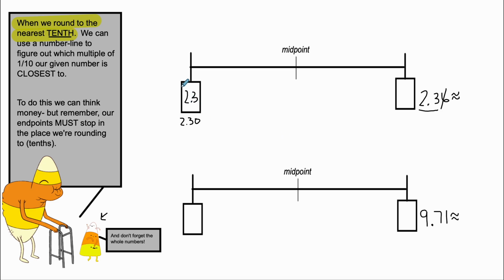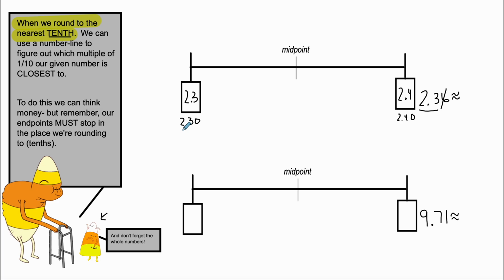If I add a dime, one more tenth, I will now have $2.40. I'm writing the cents equivalent underneath so we don't accidentally choose that as our answer. It's just helping us think money.